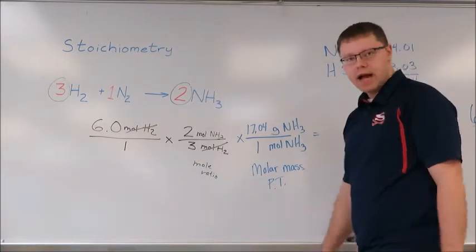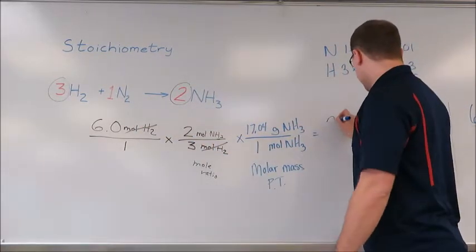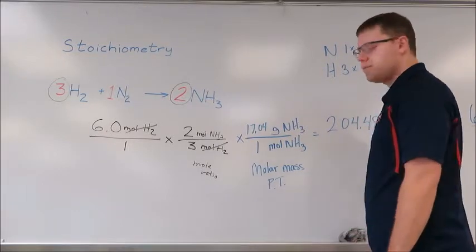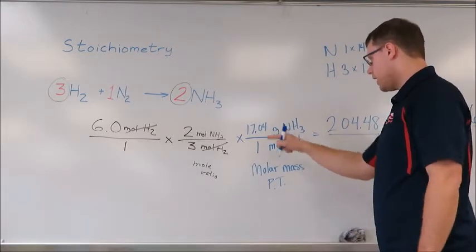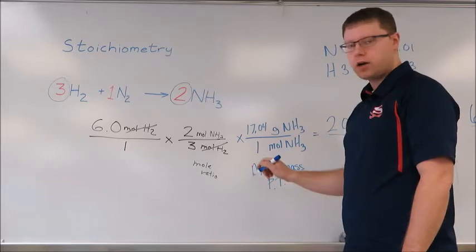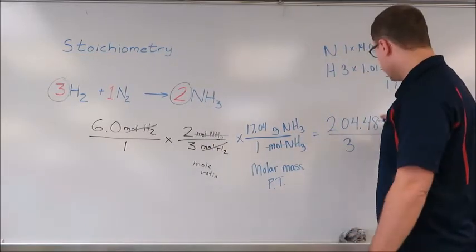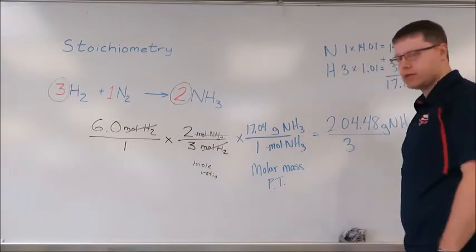Okay. So now we multiply all of our numbers across the top, and when we do that, we get 204.48. We multiply all of our numbers on the bottom. We get 3 times 1 times 1, which is 3. We can go back and look at our units. The moles of NH3 cancel, so we're left with grams of NH3 for our final answer.